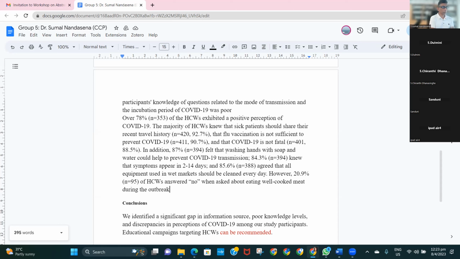Keep only the most important piece of information and delete other things. The majority of healthcare workers knew that the sick patient should share their recent travel history, that flu vaccination is not sufficient for them, and COVID-19 is not fatal.